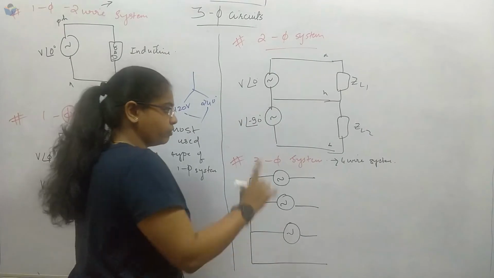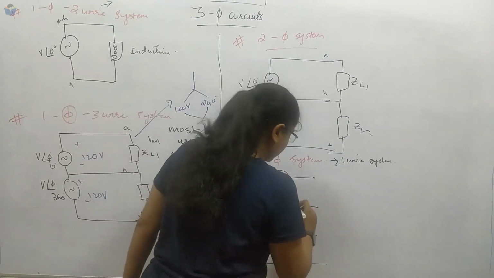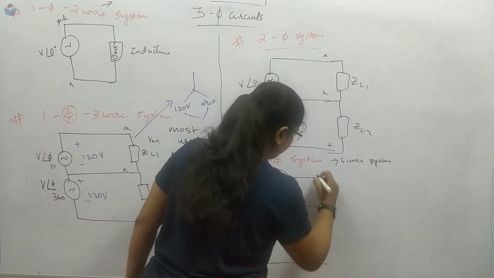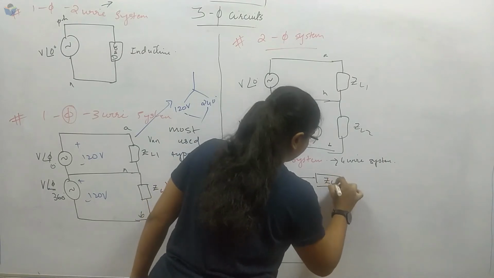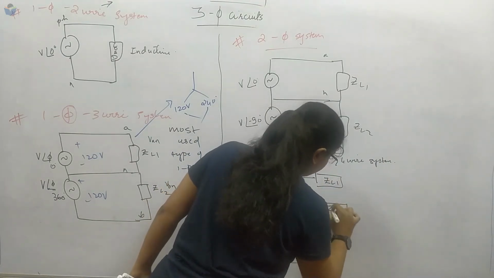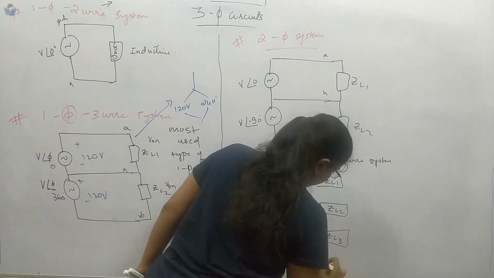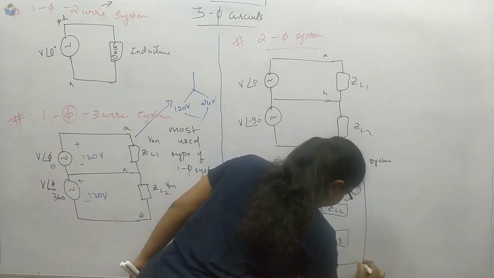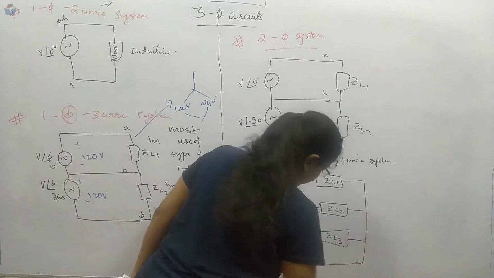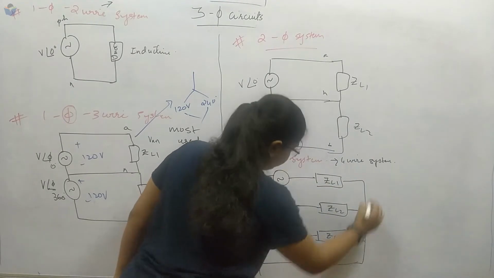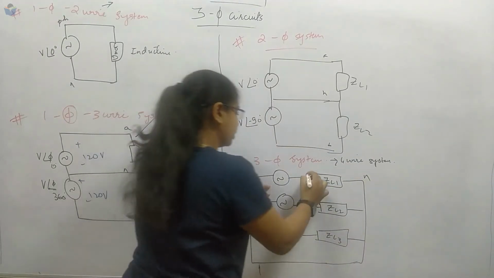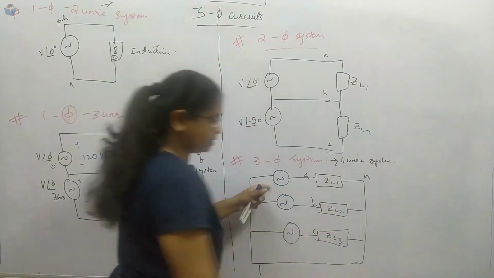For delta it is not a 4 wire system. We will see in upcoming lectures why it is like that. Let us take ZL1, ZL2 and ZL3, connect them all together, and this is neutral N, and the phases are A, B and C.